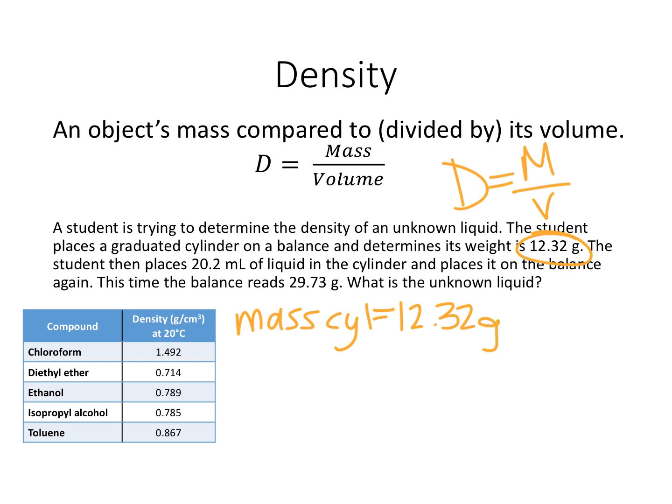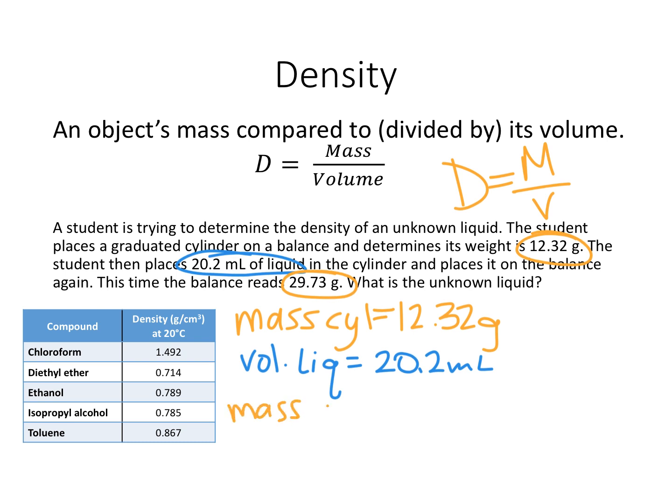The student then places 20.2 milliliters of liquid in the cylinder, so the volume of liquid is 20.2 milliliters, and then places it on the balance again, and this time the balance reads 29.73 grams.